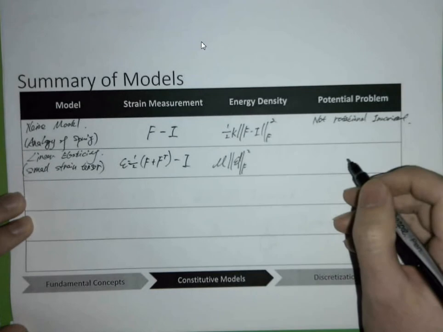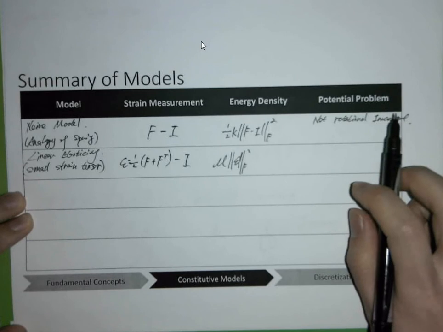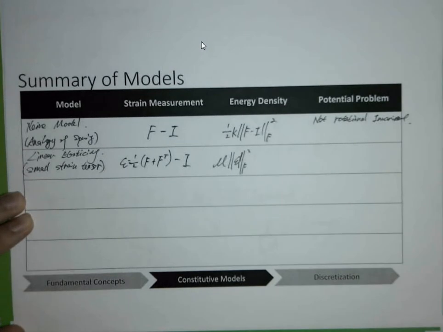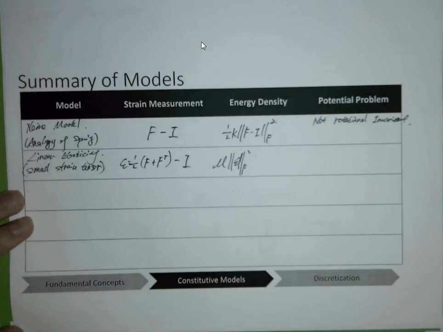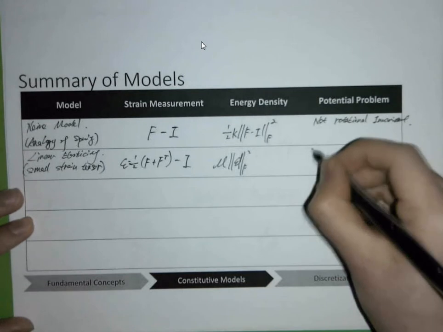It also has a problem because it's not solving the rotational invariance problem completely. It only has a nicer property when the rotation is small. But if the rotation goes large, it will also be bad.